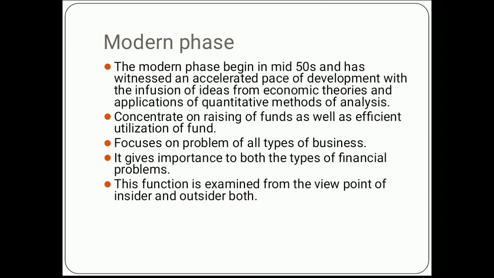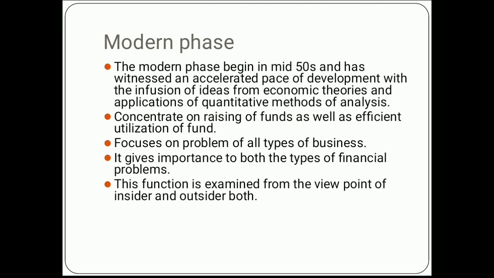In short, if we want to compare the traditional phase and the modern phase, we can give a brief idea. In the traditional phase only raising of funds was there, but in the modern phase they are raising the funds as well as allocating the funds. In the traditional phase, only joint stock company problems were taken into consideration, but in the modern phase, they are taking problems of all types of business.